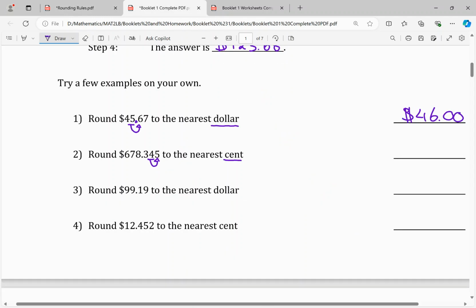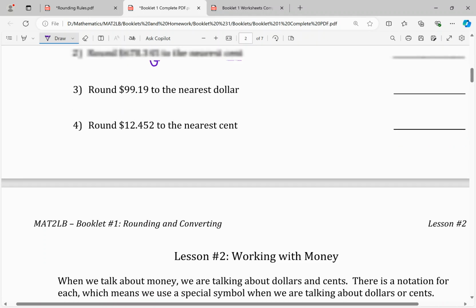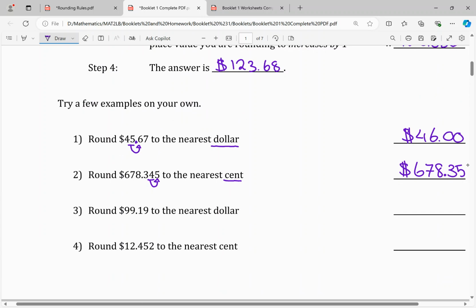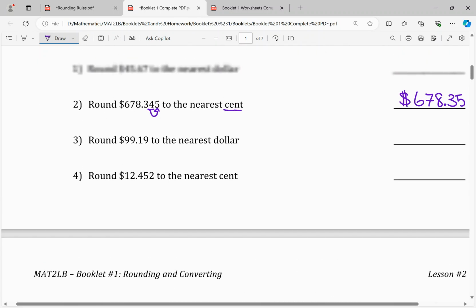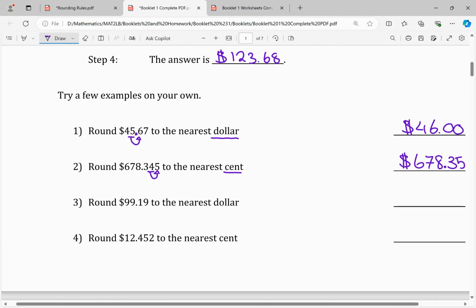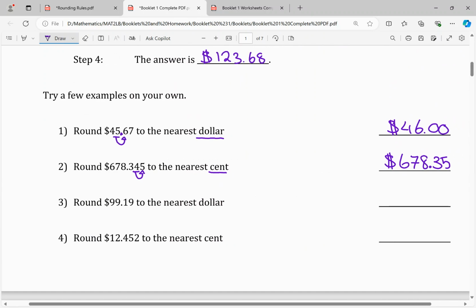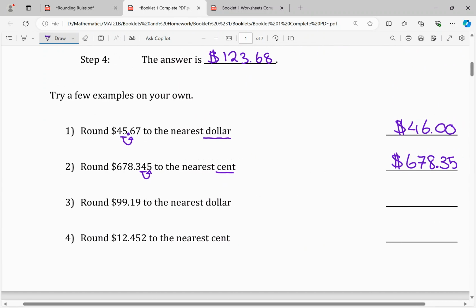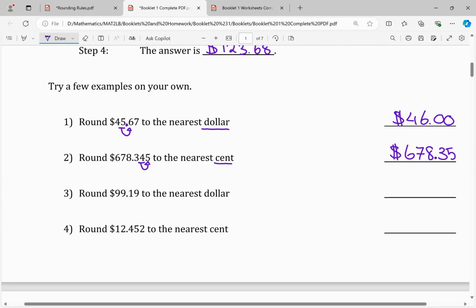So that means that the 4 is going to increase to a 5, giving me rounded $678.35. Now I could write a 0 after the 5, but I'm not going to do that. I'm going to choose to leave it out here.